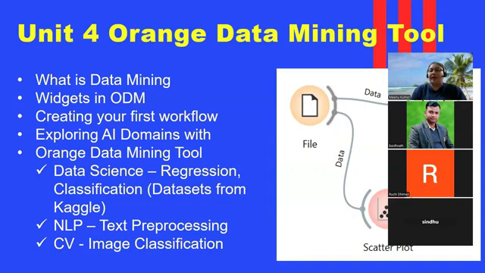Because when I did this Orange data mining tool with my students, they loved this tool so much that most of them have decided that they would do their projects using this tool only. So there'll be a complete change of heart when they do this chapter, because if they are thinking of doing the Python project, they would love this chapter so much that they would do their project in Orange data mining. It's such a wonderful chapter.